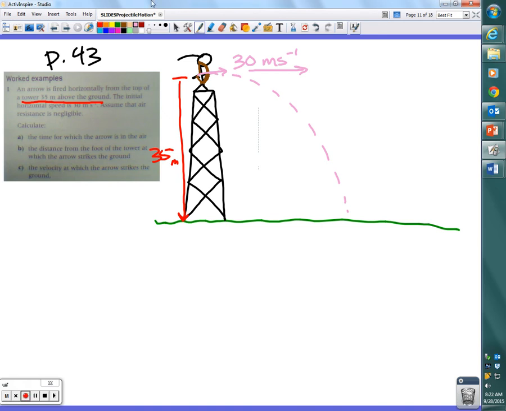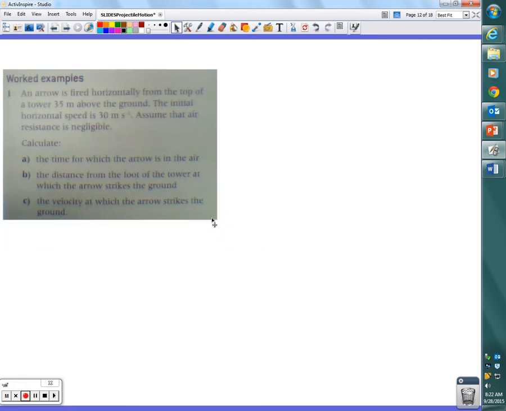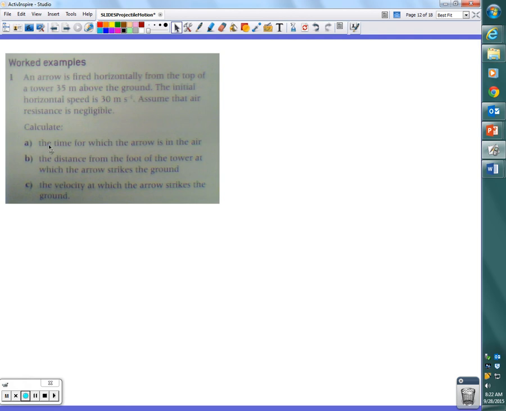First thing we're going to do, let's go in order here. It says to calculate the time for which the arrow is in the air. I'm going to make it a little smaller so I have some more room to work with. I will do this whole problem here in blue. For those of you that were here on Friday, we discussed this a little bit, but just to review: we have two motions going on at the same time.